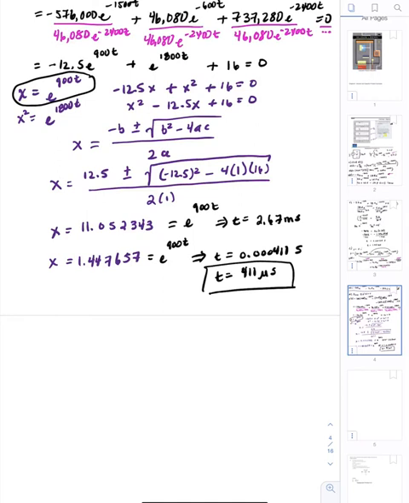Okay, so we found E, the time when power is maximum. Now let's look at the instant of time when the stored energy is maximum.